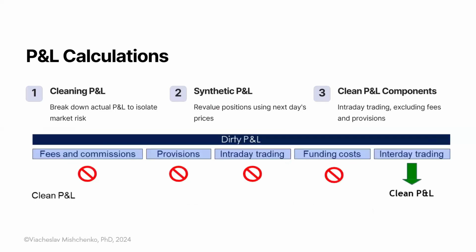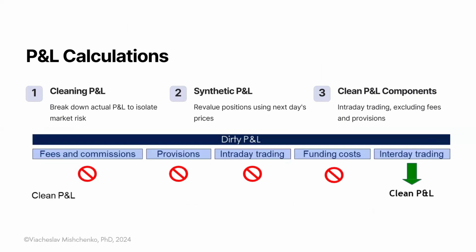So, what about P&L calculations versus value at risk? To compare the P&L, profit and loss, of our portfolio over time with value at risk, we really need to ensure we are comparing apples to apples.